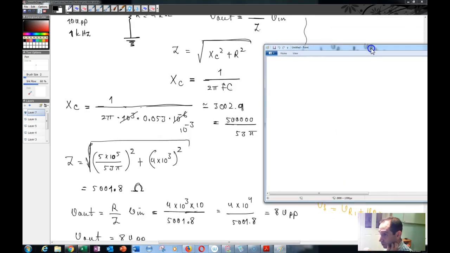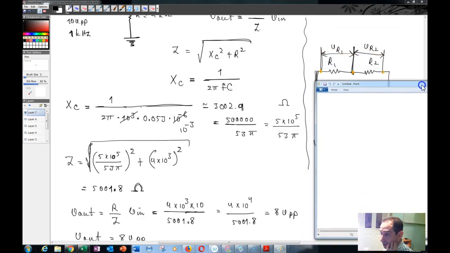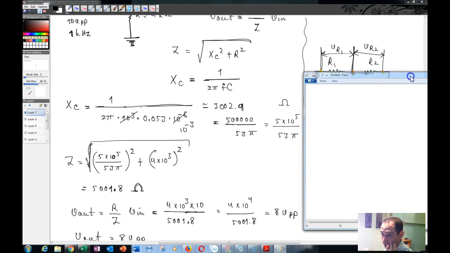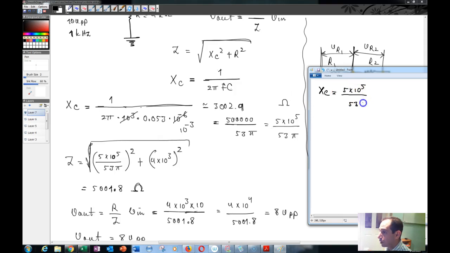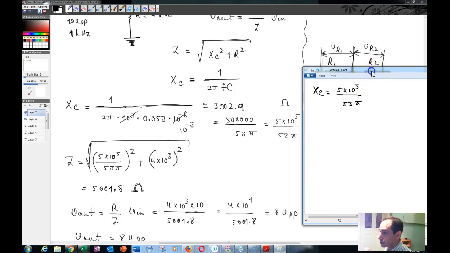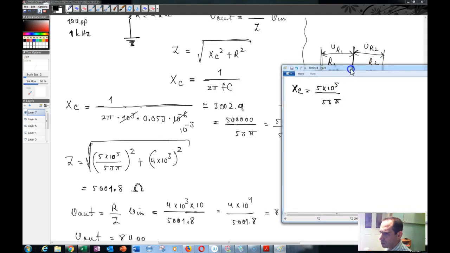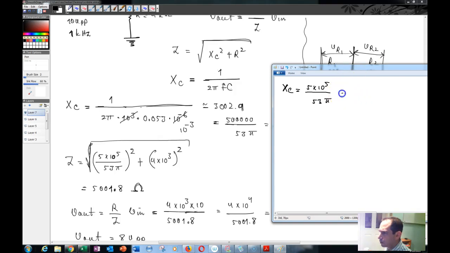So the things that I have calculated here are, first of all, x of c, which was this value over here. So x of c was equal to 5 into 10 raised to the power 5 over 53 pi, and that was equal to about 3002.9 ohm, right?